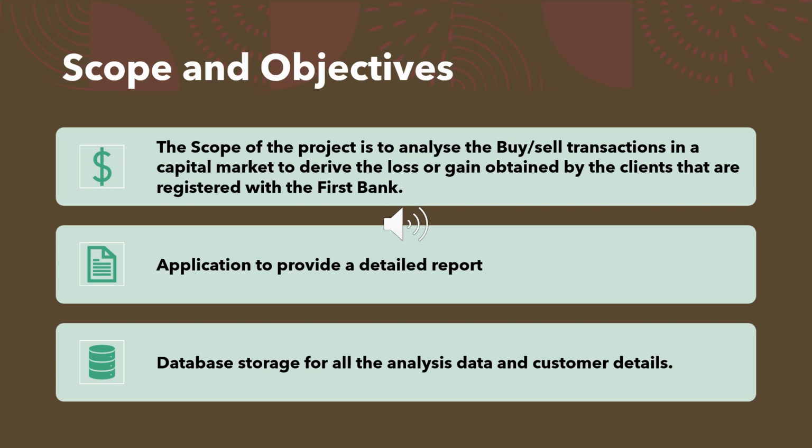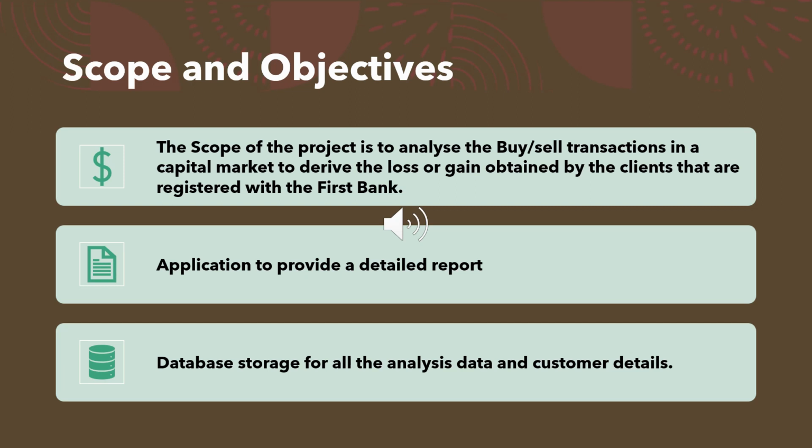In this project plan that I have created for the gain loss system, which is an application of investment banking, the scope of the project is to analyze the buy and sell transactions in a capital market to derive the loss or gain obtained by the clients that are registered with First Bank. Basically, First Bank is a bank that conducts investment banking transactions, and each customer of the bank needs a report on how their spends have been varying in a certain period of time.